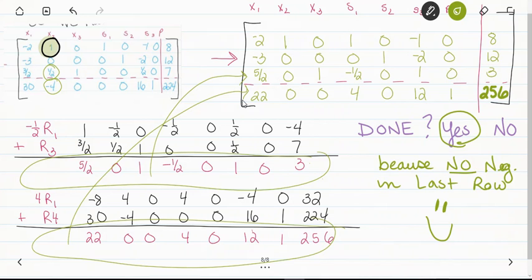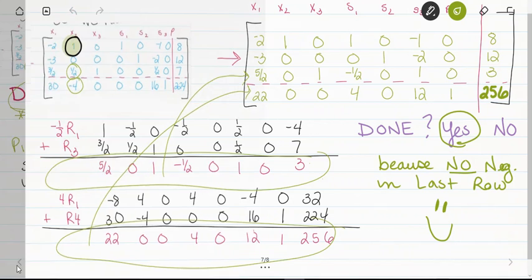Feel free to pause the video and work out the arithmetic if you're not confident yet in where I got the values in the table. But now we want to see, are we done yet? And you might feel like you've got the donkey from Shrek in the back seat of your car. Are we there yet?